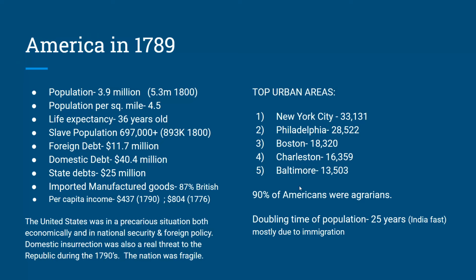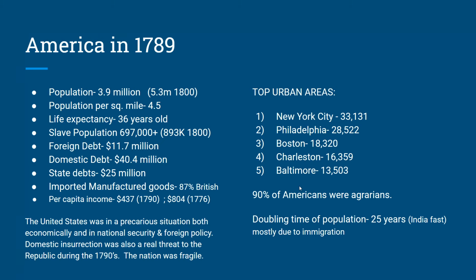So let's think about what America was like in 1789. The country was young. We're a new republic, population 3.9 million, and by the end of the period, the population is almost going to double. Well, not nearly, but 5.3 million in 1800. So we're a rapidly growing country.